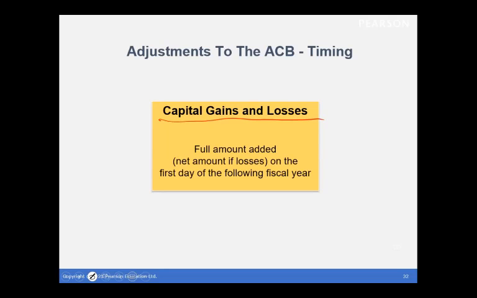If it's a net loss, you deduct that. That is also on the first day of the following fiscal year. So you'll notice pretty much all this stuff is first day of the following fiscal year, unless it's literally the partner putting in money and taking out money. All the other income statement items are going to hit the first day of the following fiscal year.